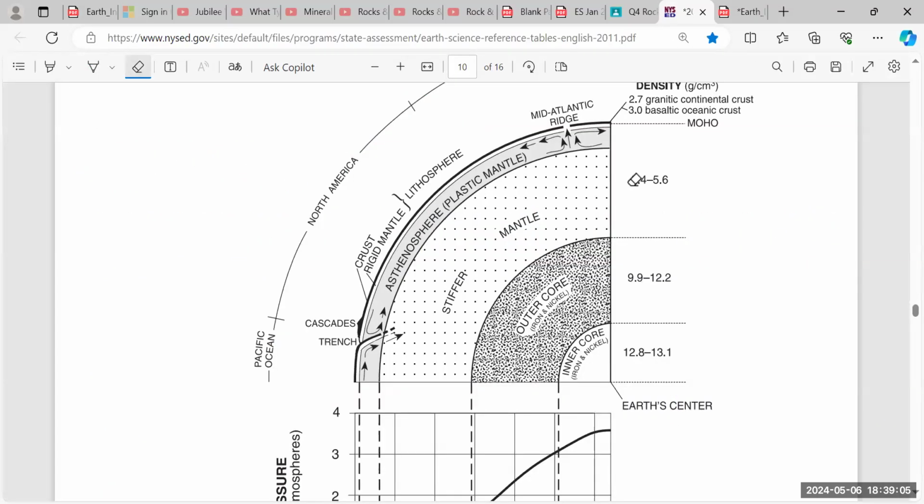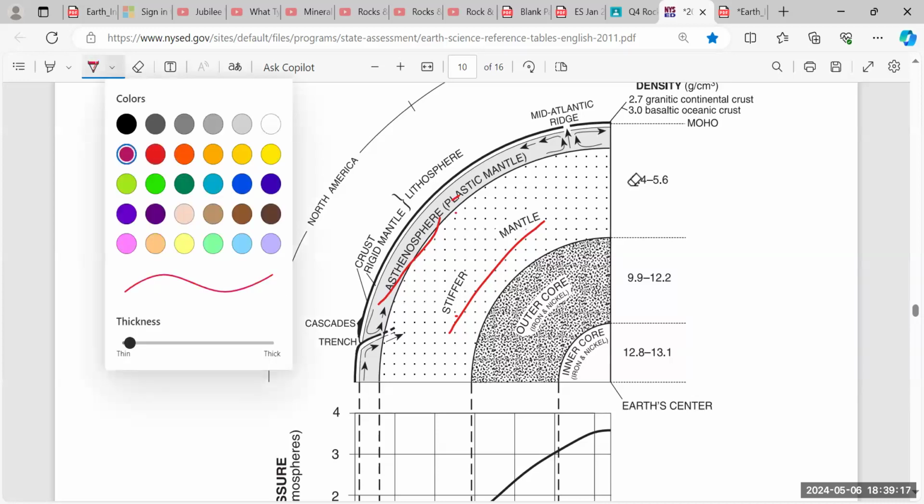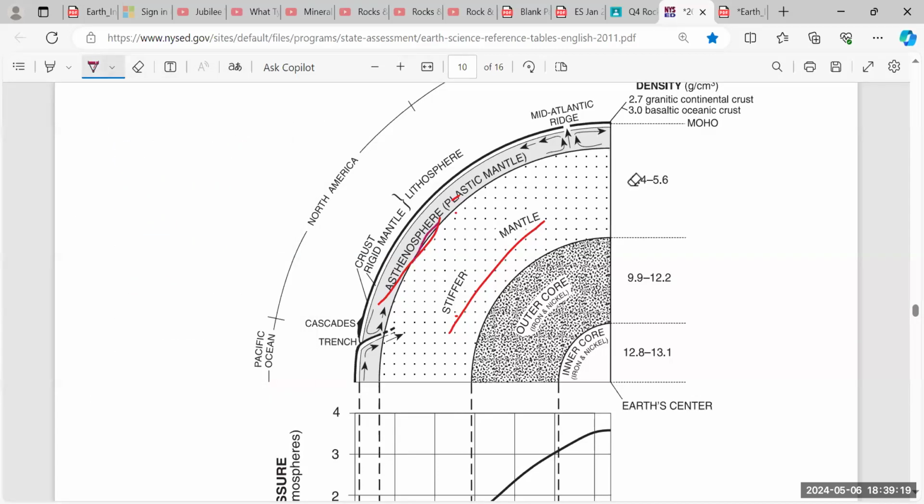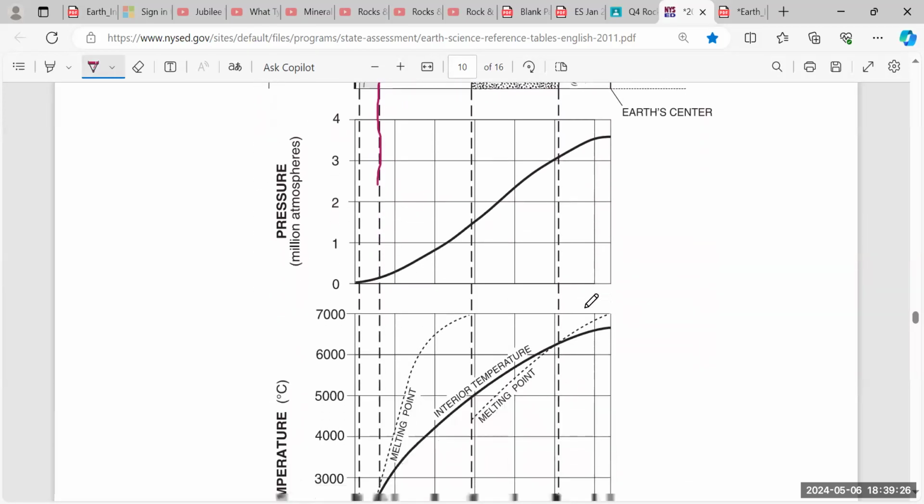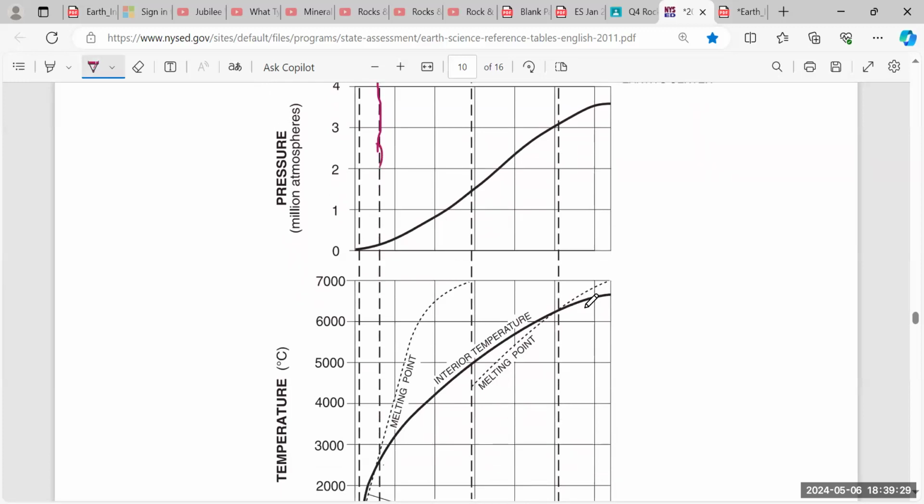All right. So the stiffer mantle is here. The asthenosphere is here. Oops. And I need to follow this boundary line between them. All right, I'm going to try and be as accurate as I can. You see this purple line I'm drawing? I'm just going to follow this line all the way down until it reaches the inferred temperature. Now take a look.